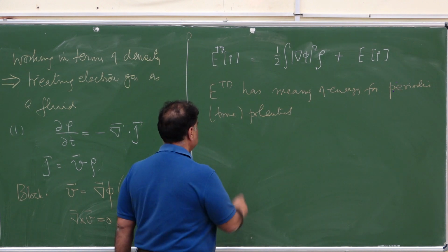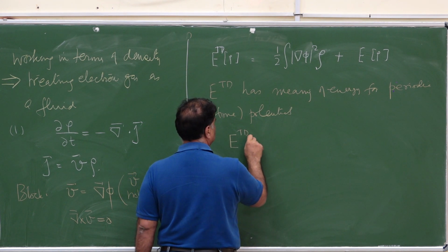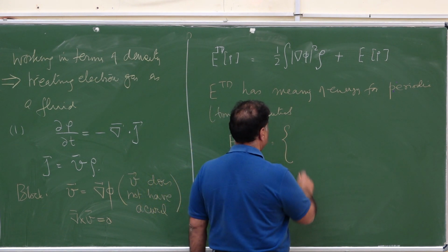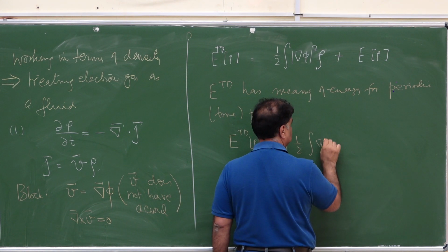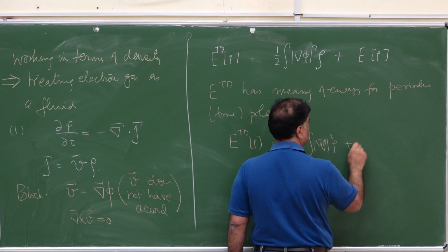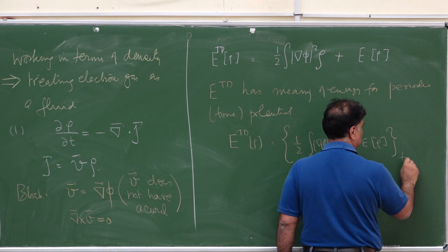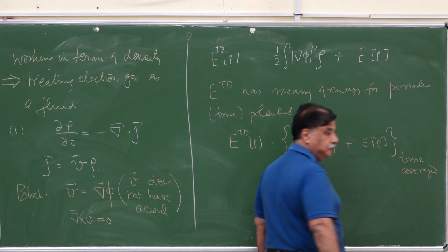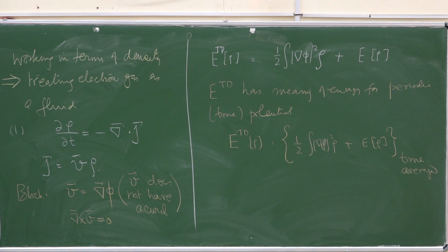And then what you do is you take E TD equals time average of one half integration grad rho grad phi squared rho, plus E. Okay, then it has the meaning of quasi-energy that we introduced yesterday in Floquet theory.